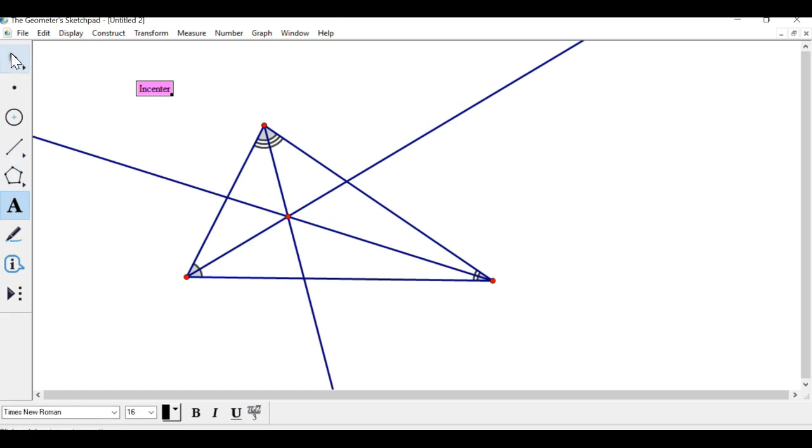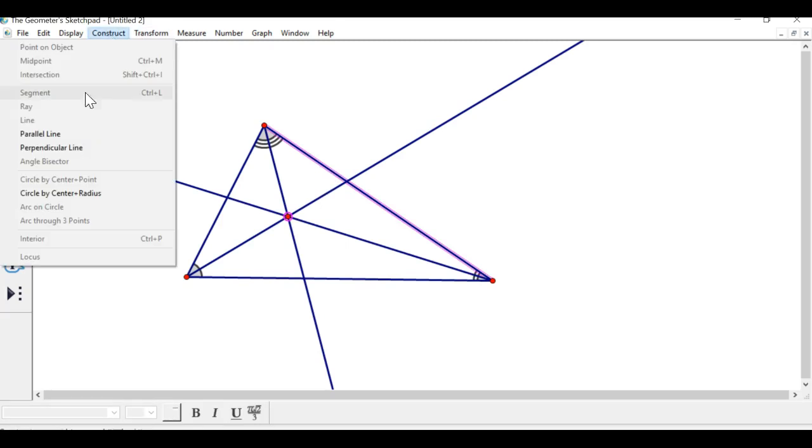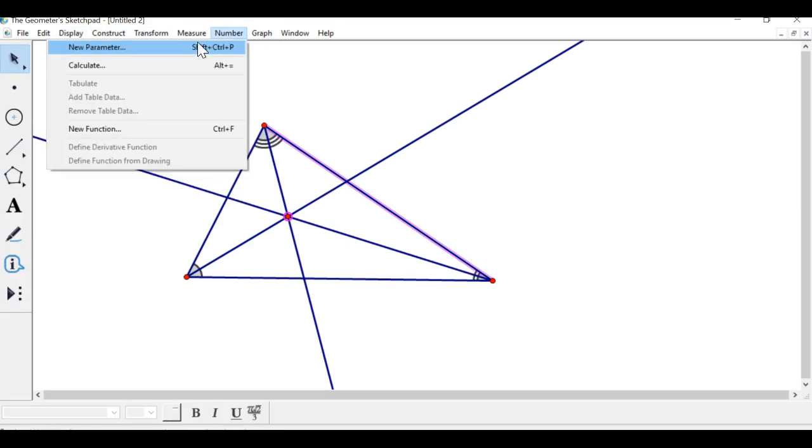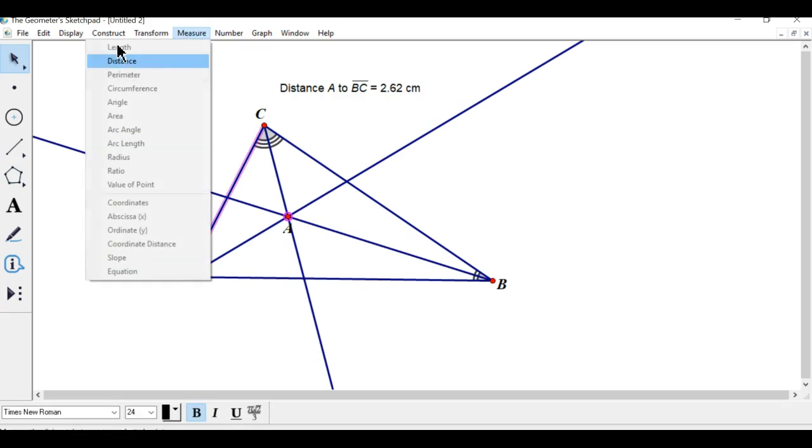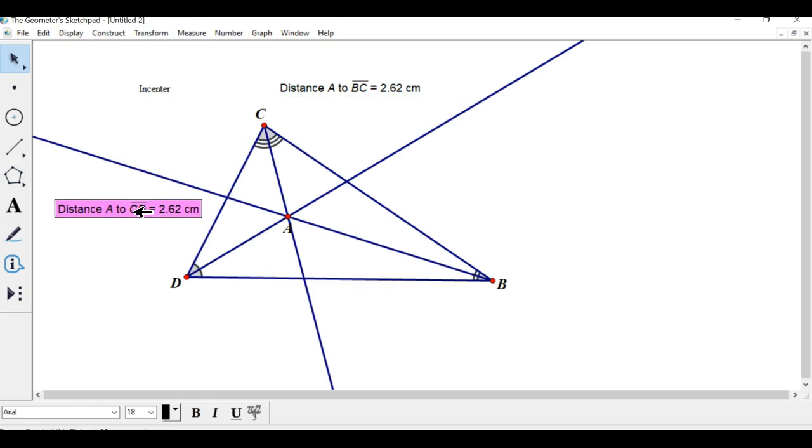If I do a little bit of work here and measure the distance between that point and the line, it comes out as 2.62 centimeters. So that perpendicular distance from here to this line is 2.62 centimeters, and from this point to this line is also 2.62 centimeters.